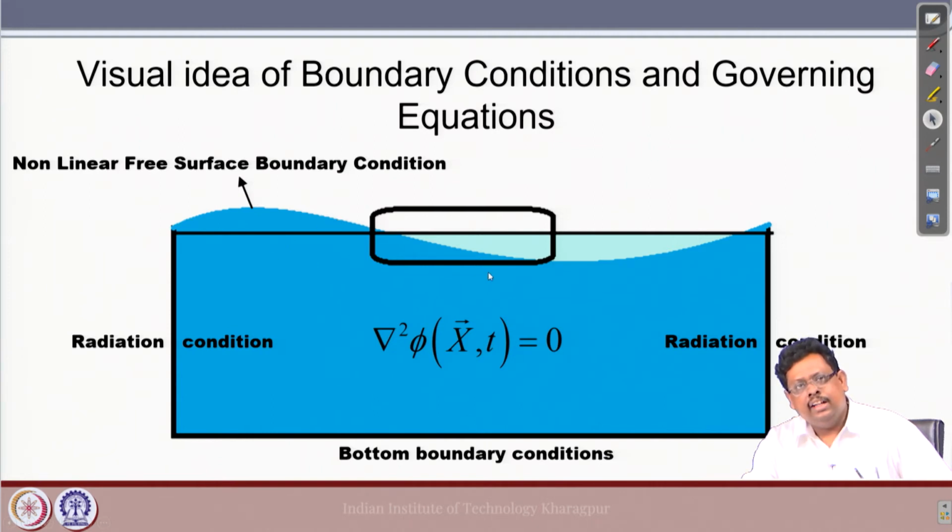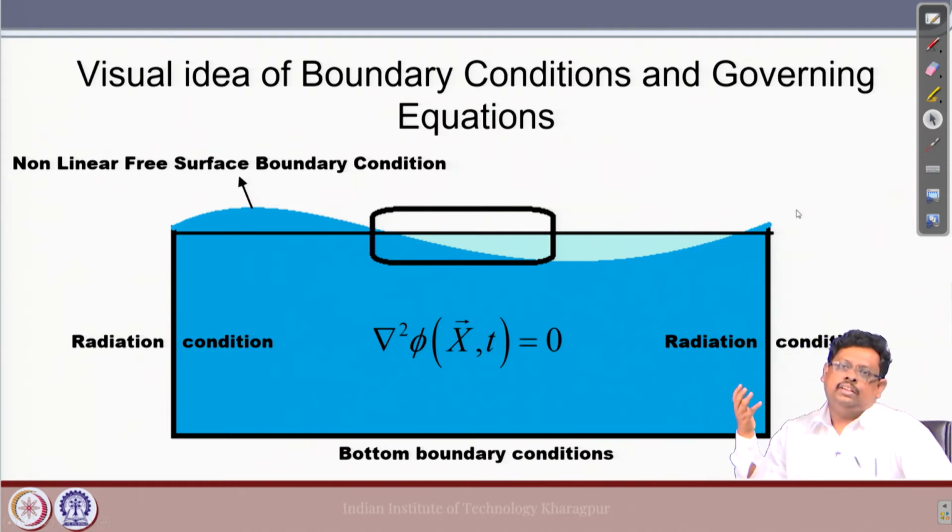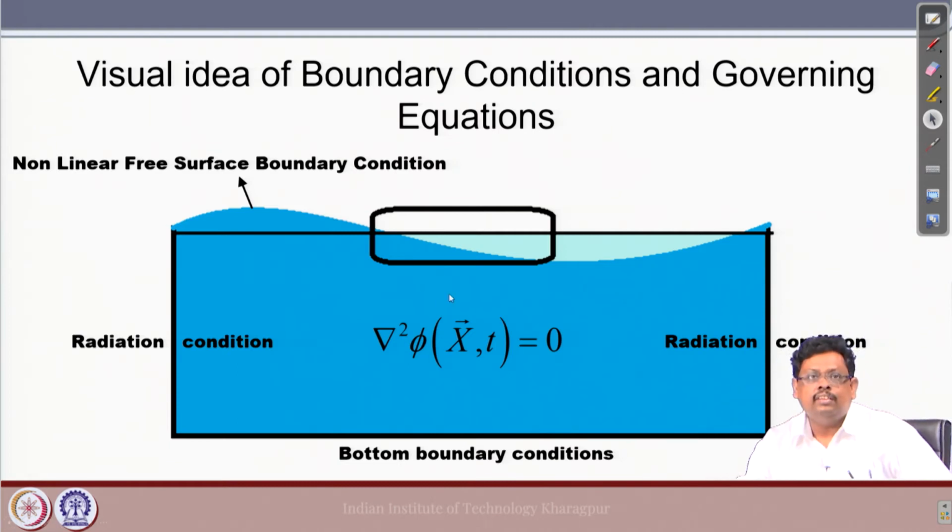Why? Because I am assuming this is the boundary we can call the free surface, because this is the boundary where we have the air and the water. And here you remember this is the second interesting thing, that we are different from any other field. In mechanical, we really do not deal with the free surface. In fact, in aerospace also we do not deal with the free surface, only in our case when you do ship waves interaction, right.